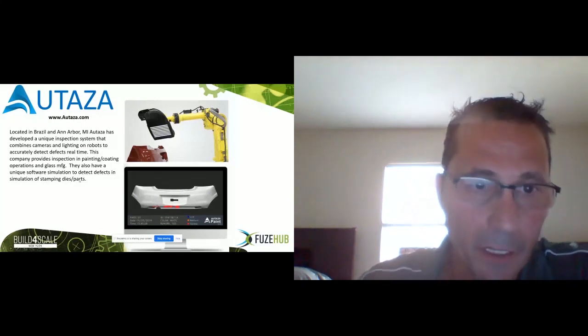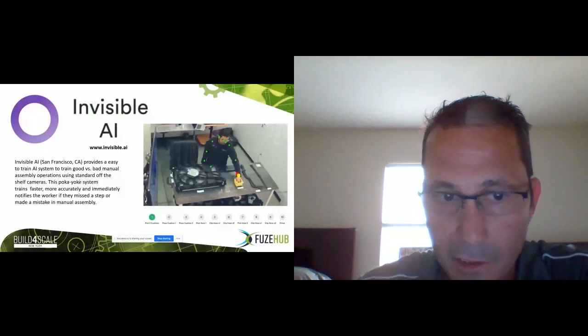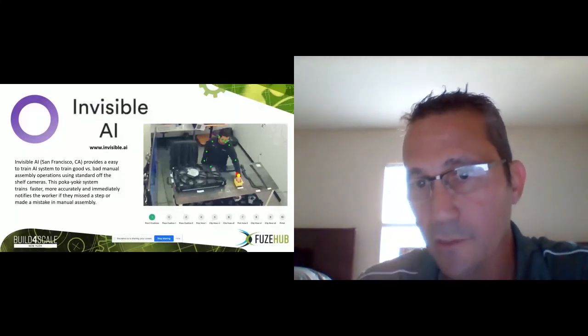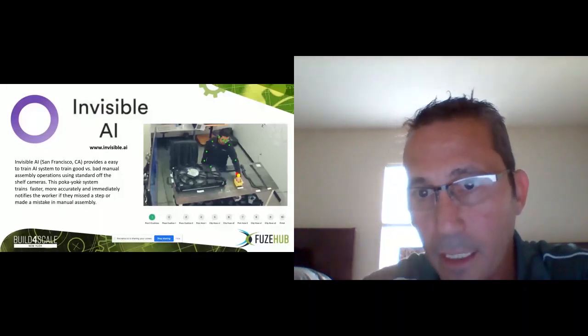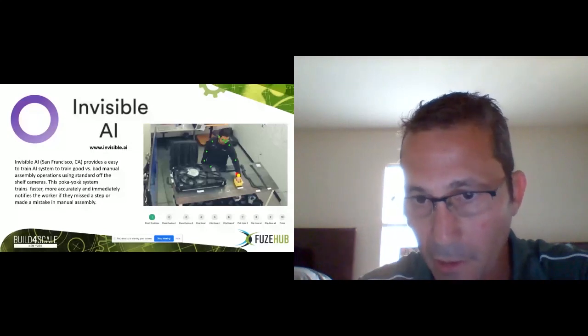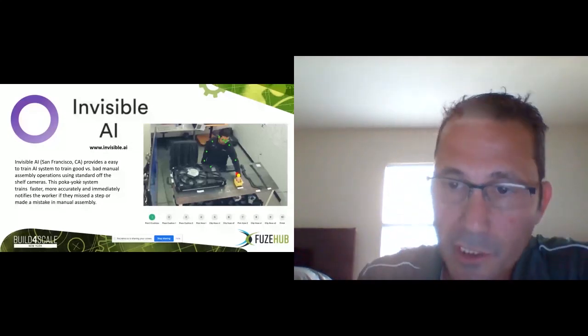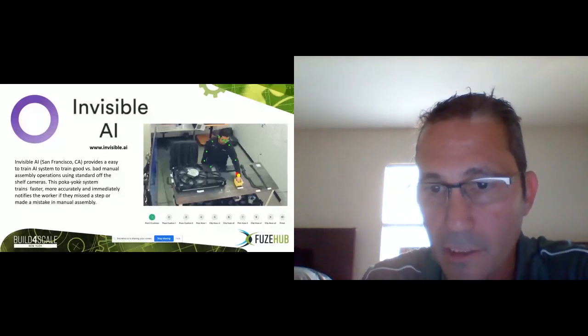There's another company out of California. We're seeing quite a few of these implementations with just very low cost camera systems, and then using artificial intelligence to train the difference between a good manual assembly versus a bad manual assembly. So obviously what you need to do is stage, at least in this case, only 5 good assembly operations.